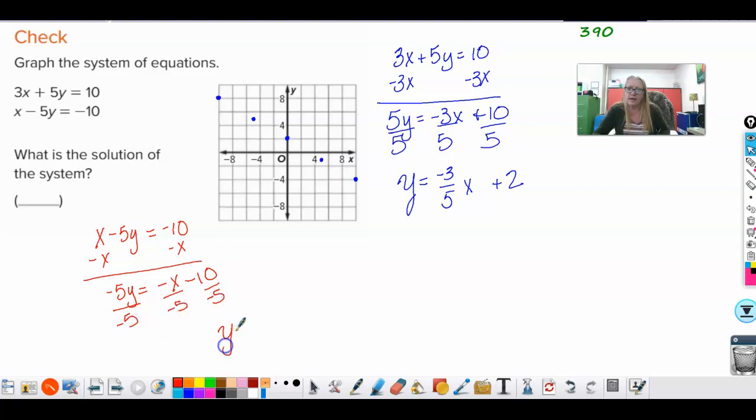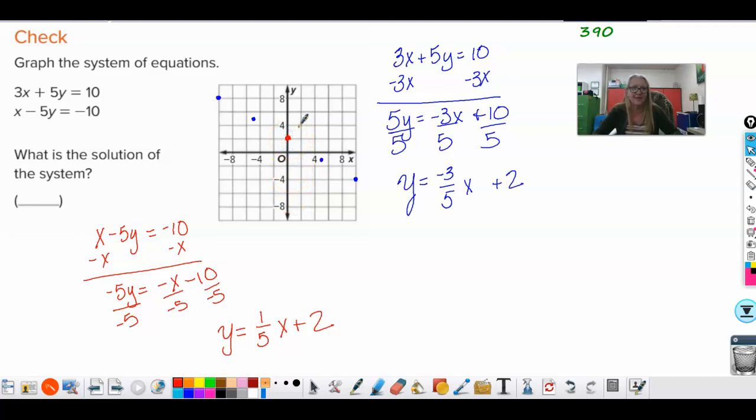And that gives us y equals 1/5 x plus 2. Let me explain how I got that. There's an imaginary 1 here. A negative divided by a negative is a positive. So we have 1/5 for our slope. And then negative 10 divided by negative 5 is positive 2. So our y-intercept is positive 2.